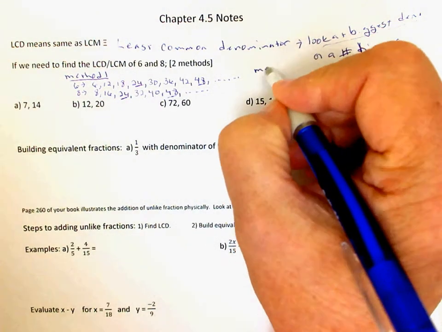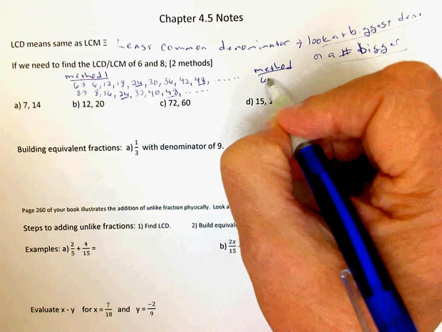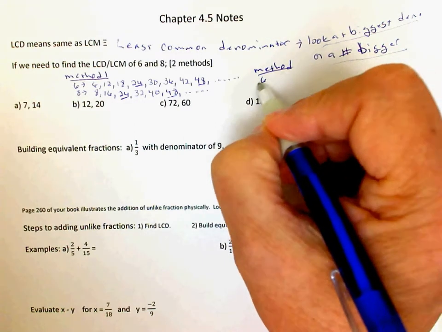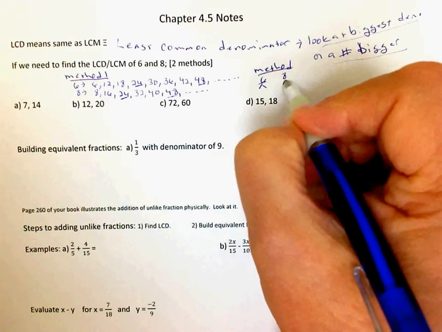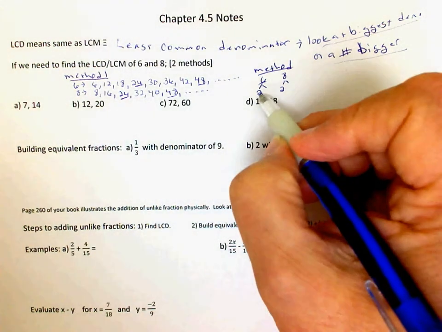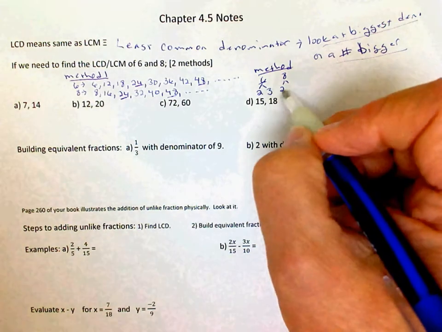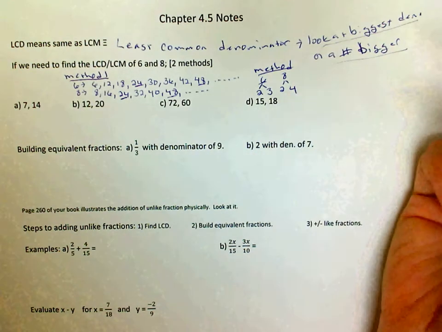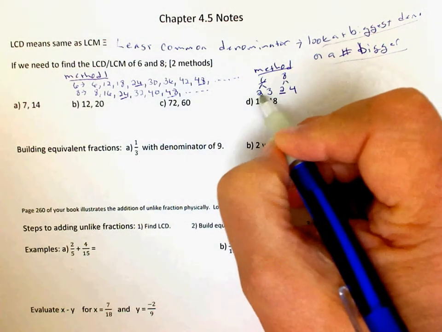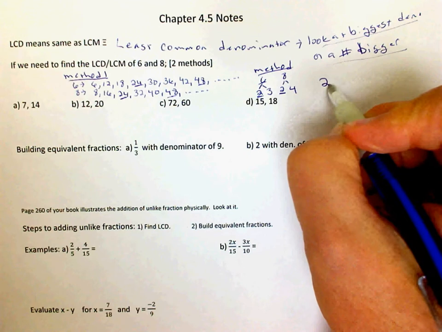Method 2 deals with using prime factorization. Okay? If I look at 6 and I look at 8, I know that both of them have a 2 in common. And then 2 times 3 gives us 6, and 2 times 4 gives us 8. Our 2 is repeated, so I just bring it down one time.